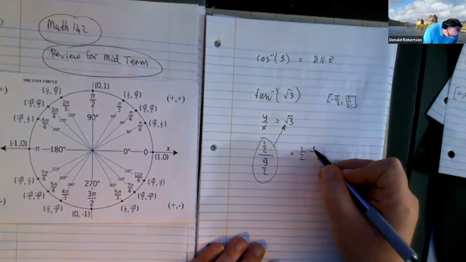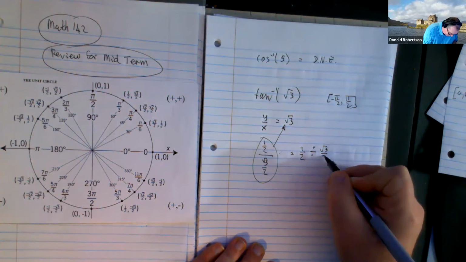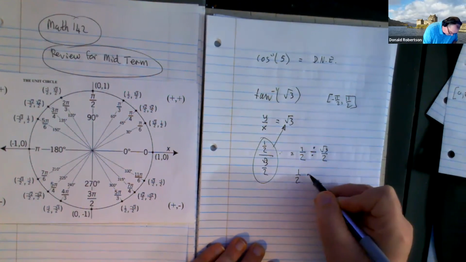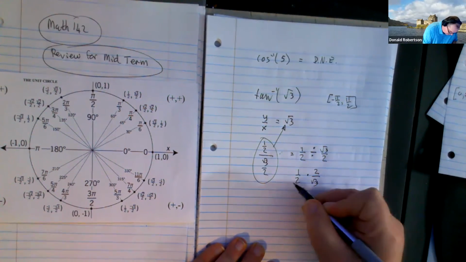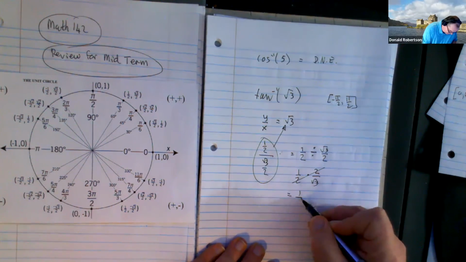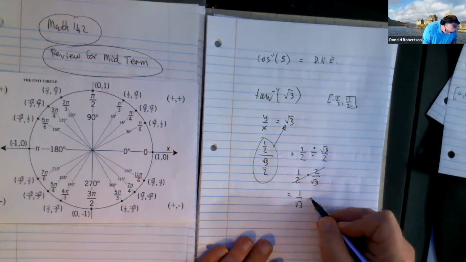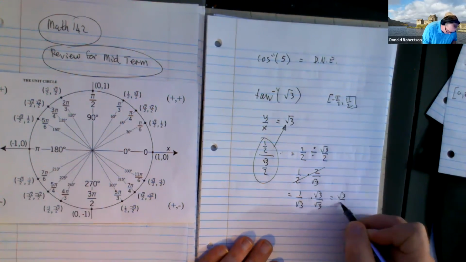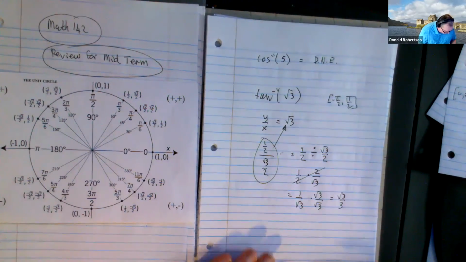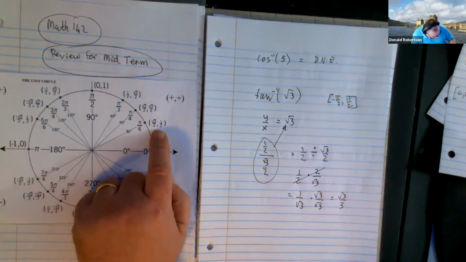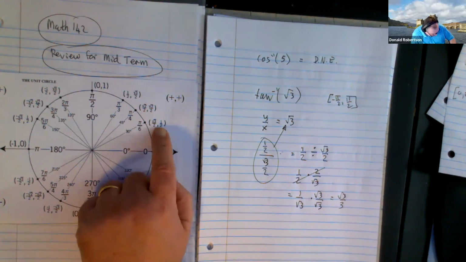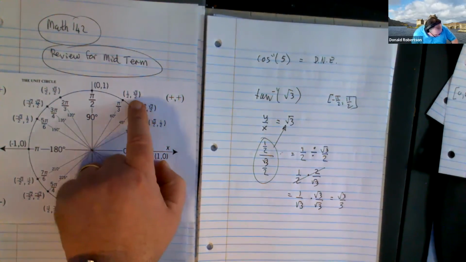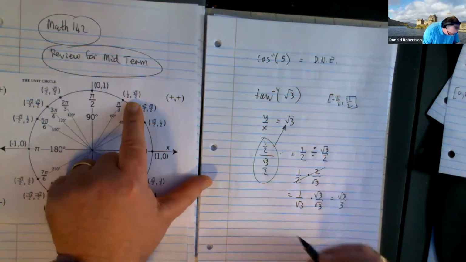So it's a half divided by root 3 upon 2, which is a half times 2 over root 3. They cancel, and the answer is 1 over root 3. If you rationalize the denominator, nope, it's not that one. Do you notice I only picked ones with root 3s in them? So I'm not going to even bother looking at that one or that one. I'm going to look at this one next.